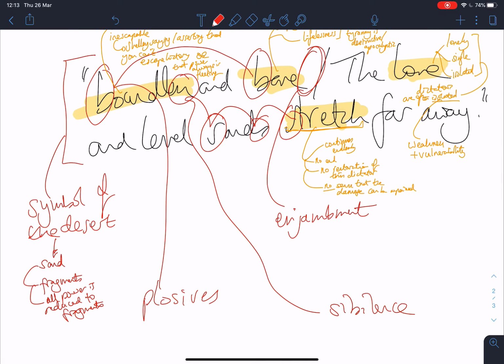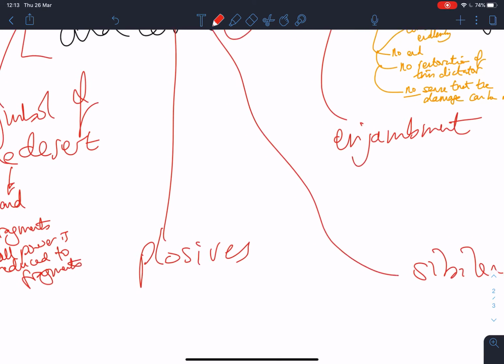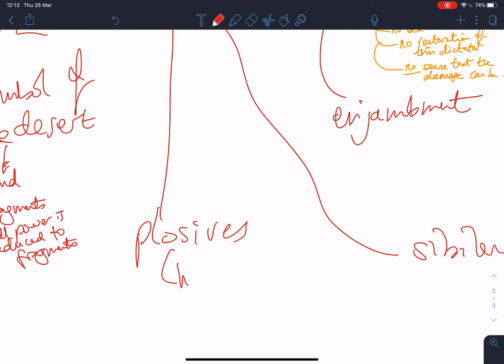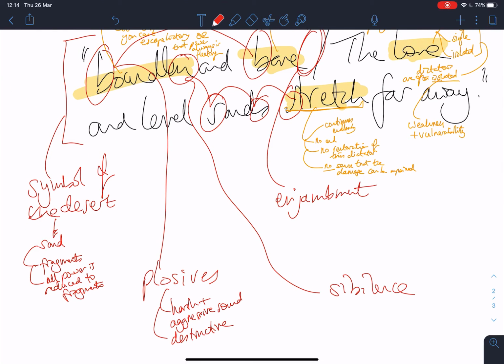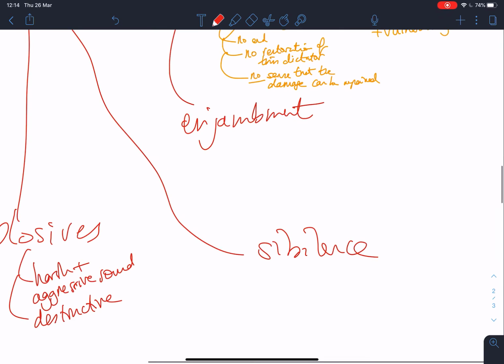Let me just zoom out. We have these plosive B's, boundless and bare. We have this harsh and aggressive sound. Plosive sounds are destructive, and they add that sense that everything has been reduced to nothing. However, then we have these sibilant S sounds, boundless and bare, the lone and level sands stretch far away. So this sibilance is a quiet sound.